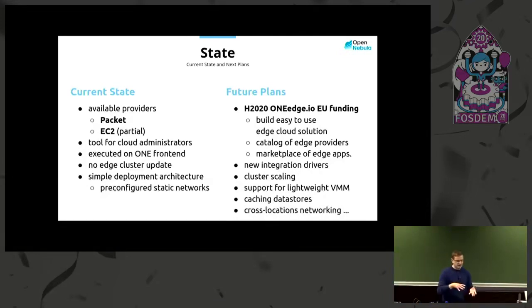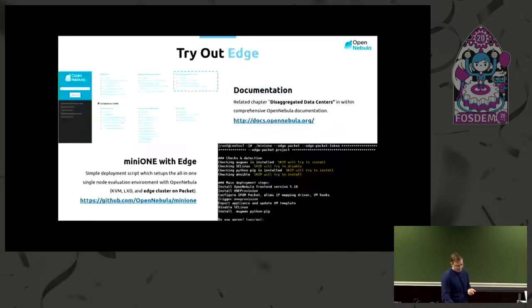Mainly that means that we will get new integration drivers for new providers. We will get new features like cluster scaling or cluster update. The work in progress is support for lightweight virtual machine monitors, like Firecracker, and caching data stores, and possibly cross locations networking.